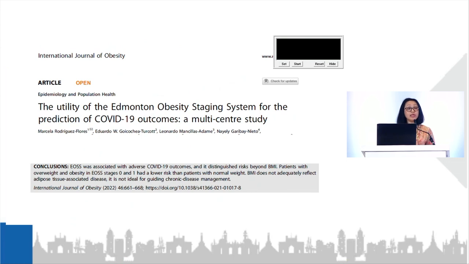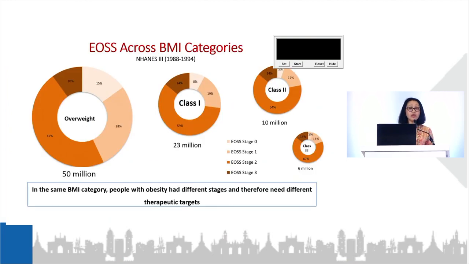In fact, the utility of the Edmonton obesity staging system for the prediction of COVID-19 outcomes was also seen in a multicentric study, which was recently published in the International Journal of Obesity, where it was found that patients with overweight and obesity, but who were in stage 0 and 1, had lower risk of mortality than patients with normal weight, and therefore BMI does not adequately reflect adipose tissue associated disease.